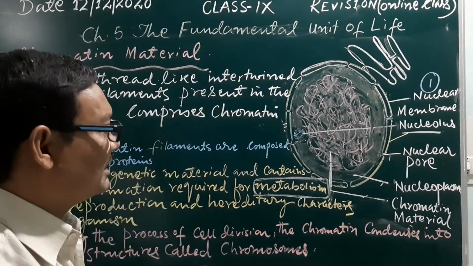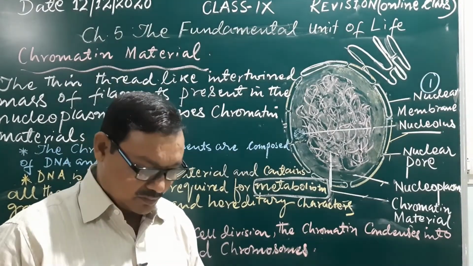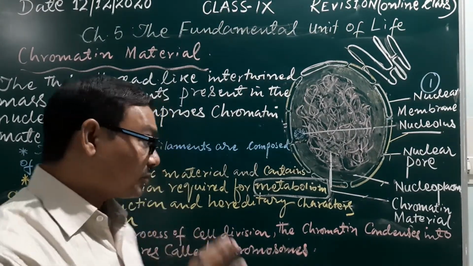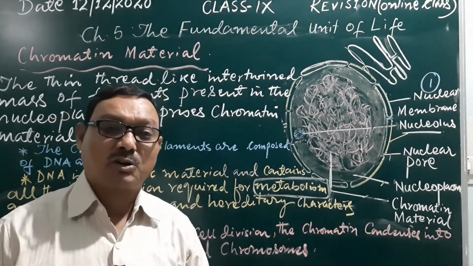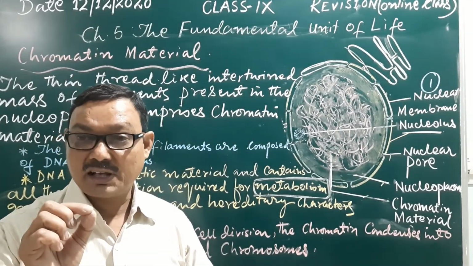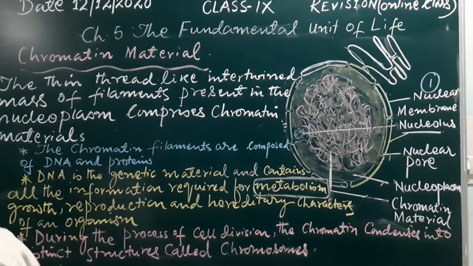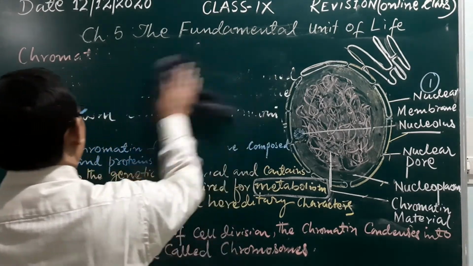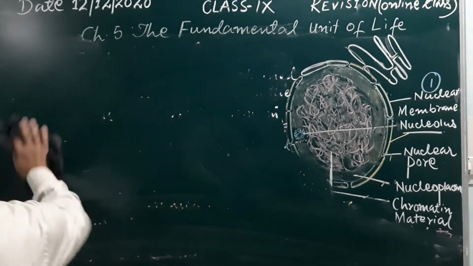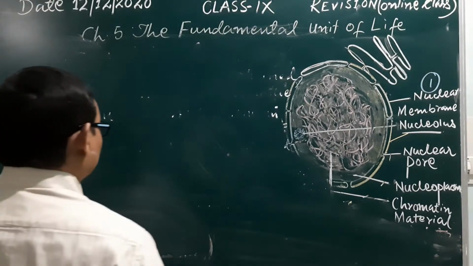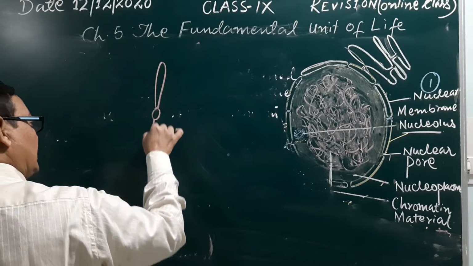Depending upon this, as I have given you an idea in the general classes, different shapes of chromosomes are visible, especially at the metaphase stage of cell division. You may look at the shape. I would like to give you an idea about the chromosomes, as you have seen in the online classes.